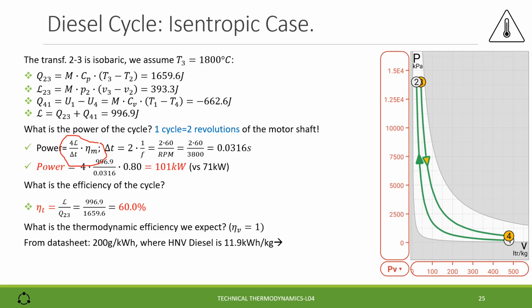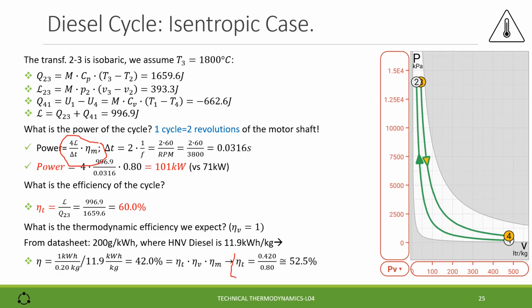From the datasheet we know that 200 grams of fuel corresponds to 1 kilowatt hour, and since the net heat value of the diesel fuel is 11.9 kilowatt hour per kilogram, we can determine the overall efficiency of the motor, which is 42%.